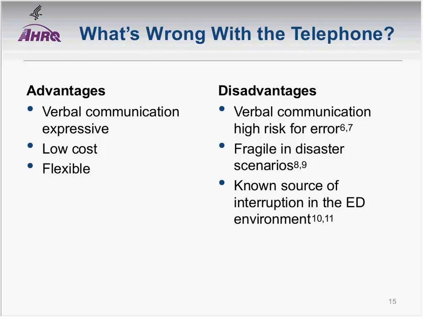Case-based data in the poison control setting indicates that telephone communication is fragile in disaster scenarios because as the calls start pouring in, the lines become saturated, and the poison center prioritizes new exposure cases that have not been assessed over the ED cases where a patient is under a licensed healthcare professional's care. So the ED cases become a much lower priority in those situations. On the ED side, telephone calls are a known and persistent source of interruptions, and those interruptions can lead to safety issues.